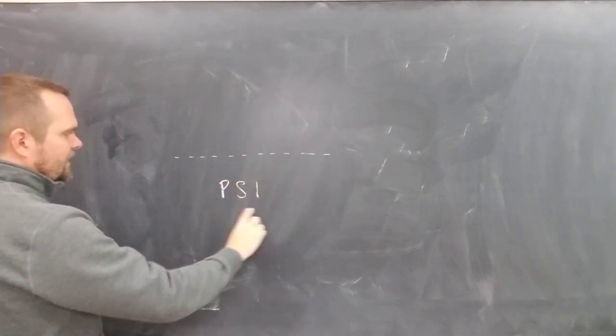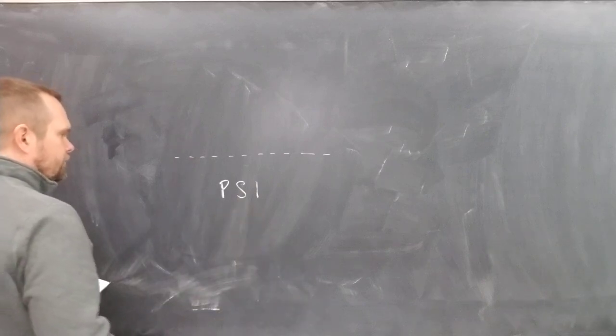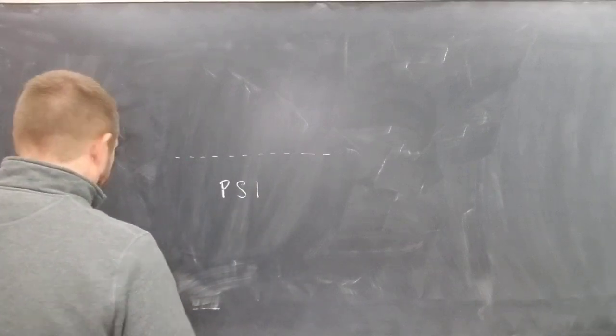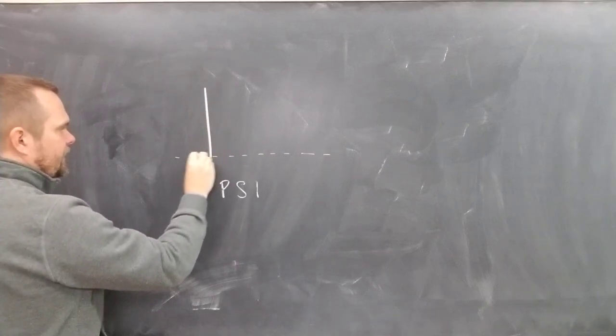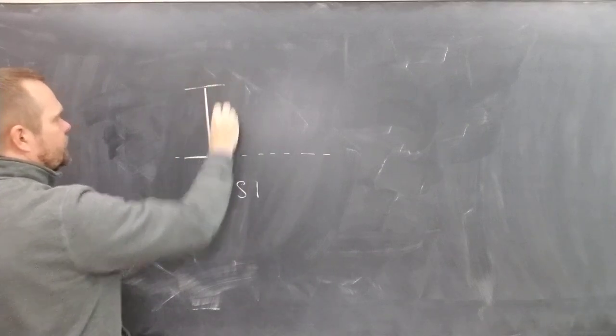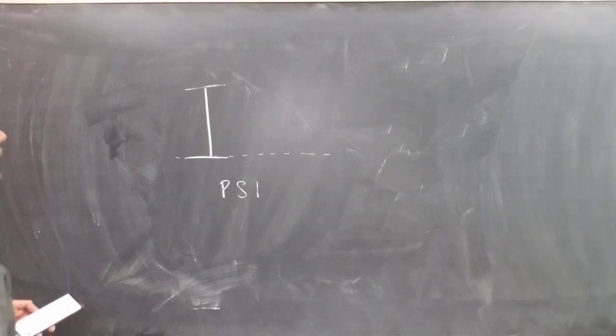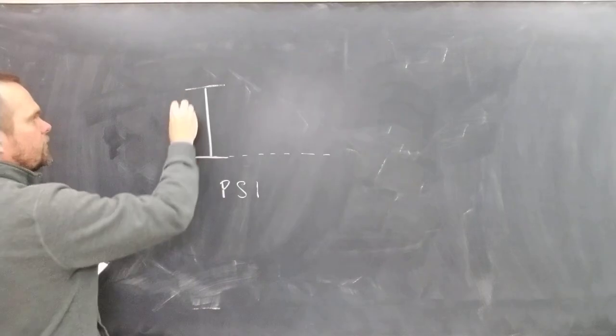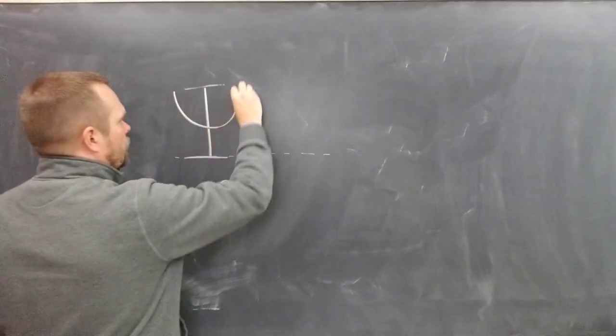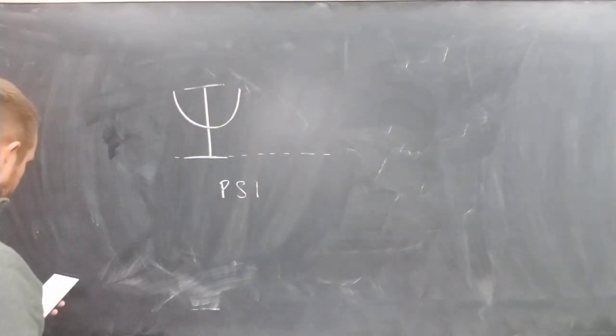The last consonant is psi. To draw the uppercase psi, start again with the Iota, and instead of drawing a circle like we did for Phi, we're going to just draw a U through it.